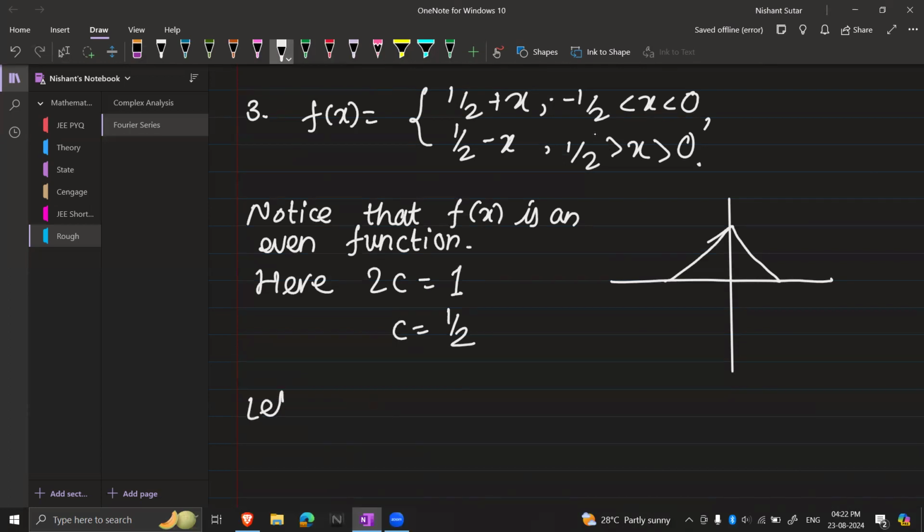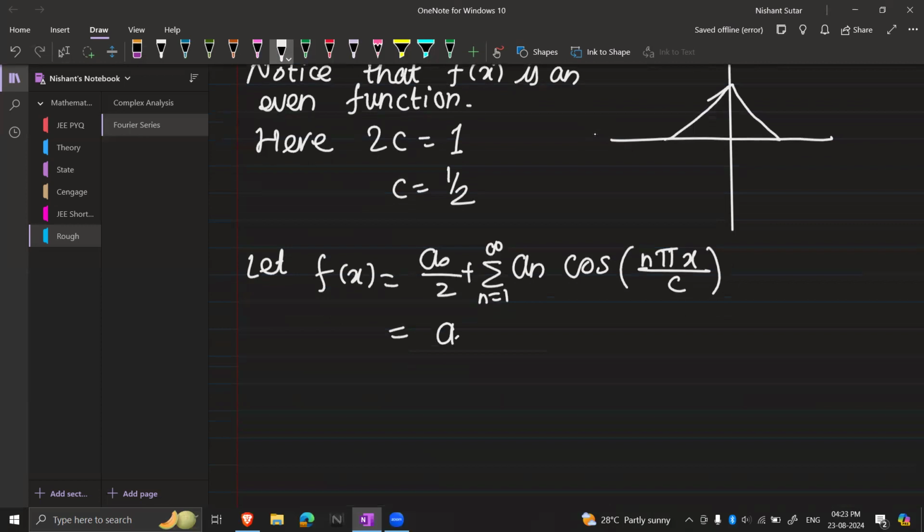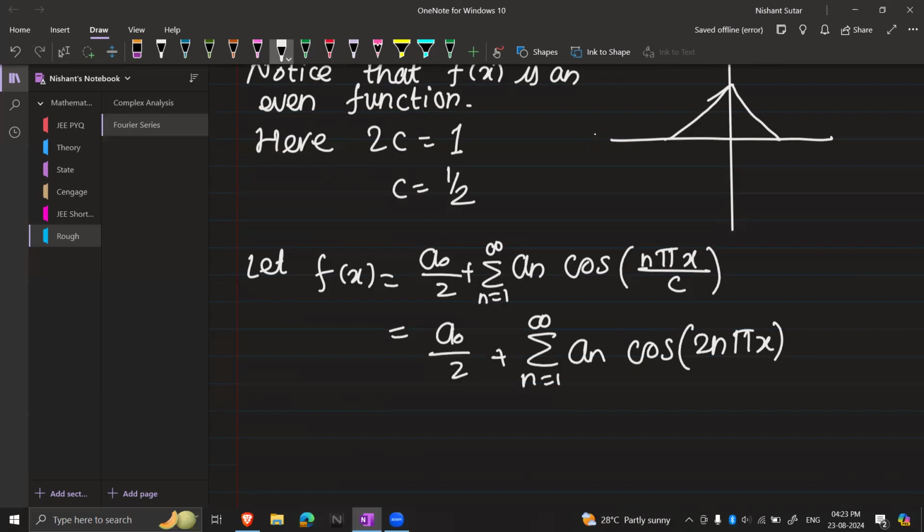So let f of x equal a naught by 2 plus summation n equal to 1 to infinity an cos of n pi x by c, but c is half, so this will look like a naught by 2 plus summation n equal to 1 to infinity an cos of 2 n pi x.